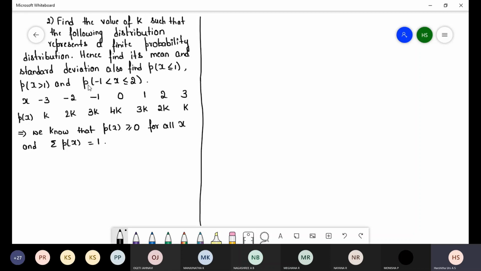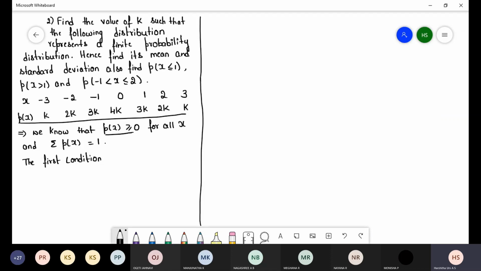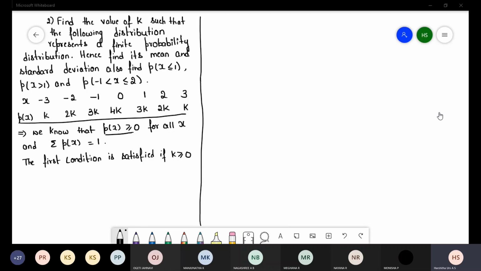Here the question is given in terms of k. So we write the first condition: P(x) greater than or equal to 0 should be satisfied. It is satisfied when k is greater than or equal to 0.